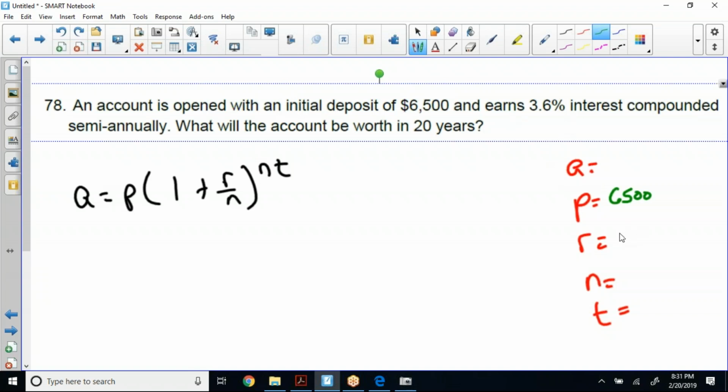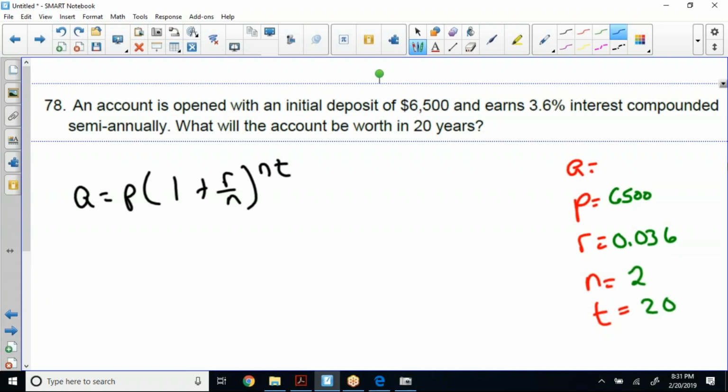That earns 3.6%. That interest rate has to be put in as a decimal, so that'll be 0.036. Semi-annually means twice a year. Semi-annual sale, like Macy's, JCPenney's, Belk's, they all had semi-annual sales. And then 20 years.